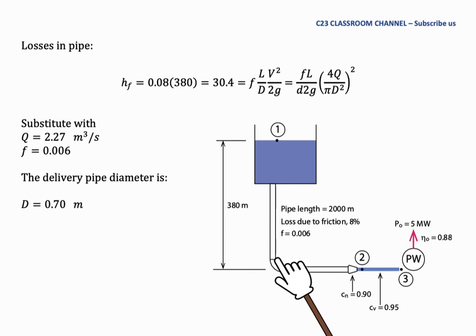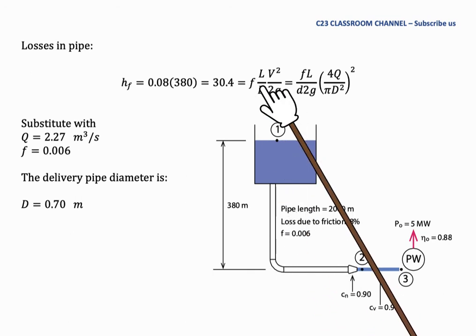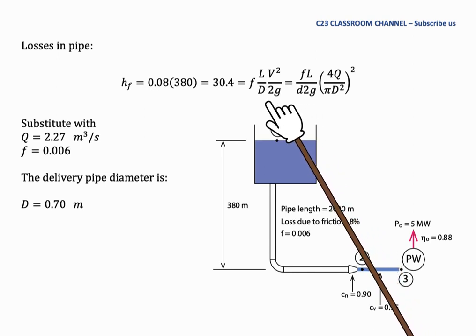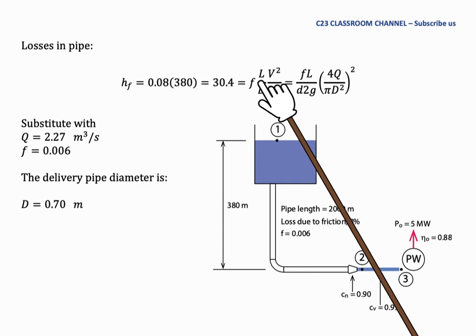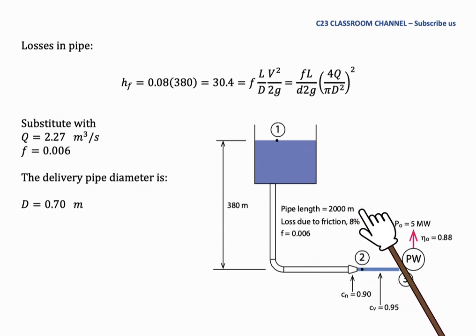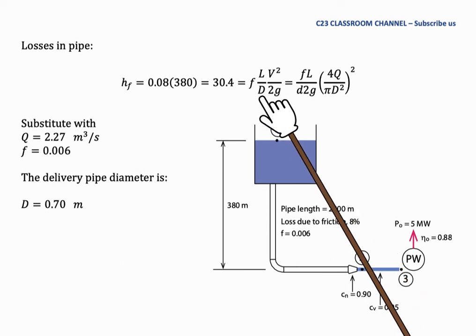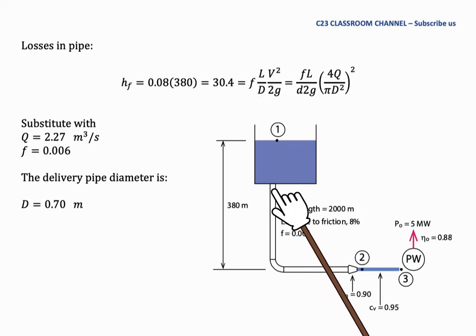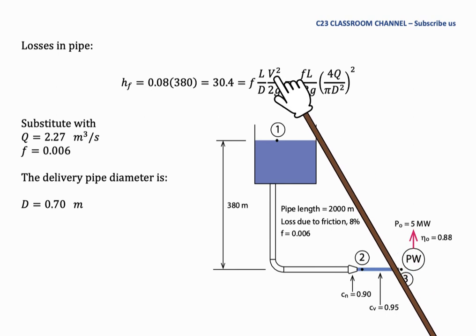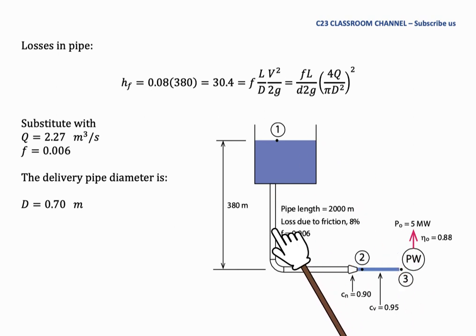The major loss can be calculated by using this equation, f L over D times V squared over 2g. Bear in mind that L here is the length of the pipe, so it is equal to 2000 meters. The D here is the diameter of the delivery pipe, and the velocity is the velocity inside this pipe.